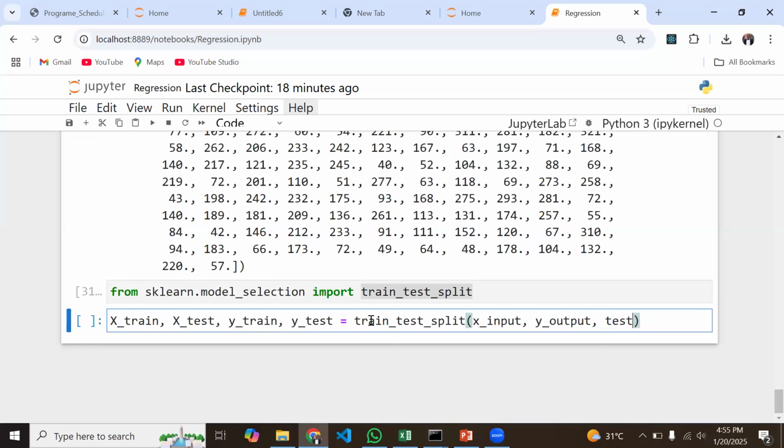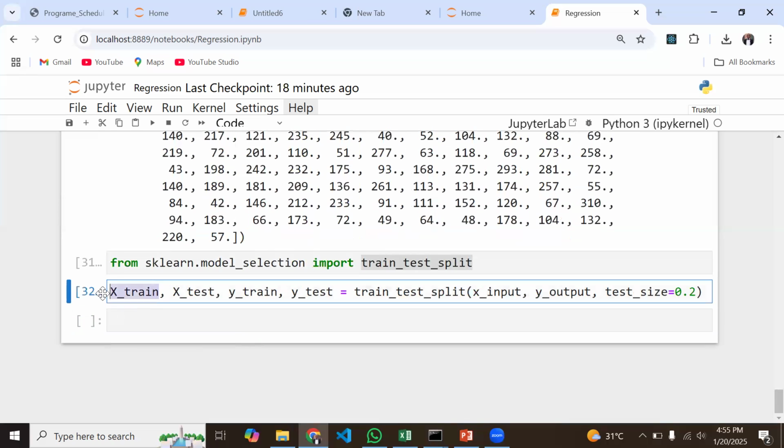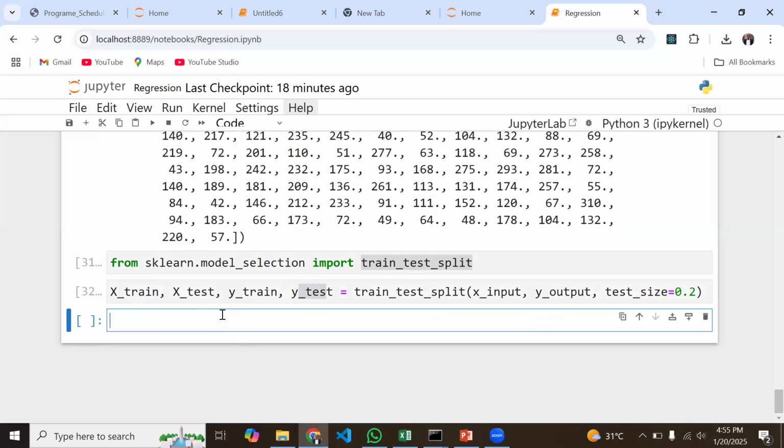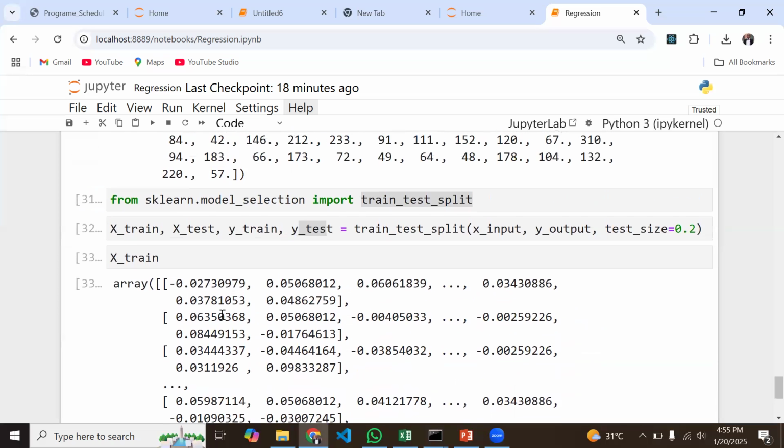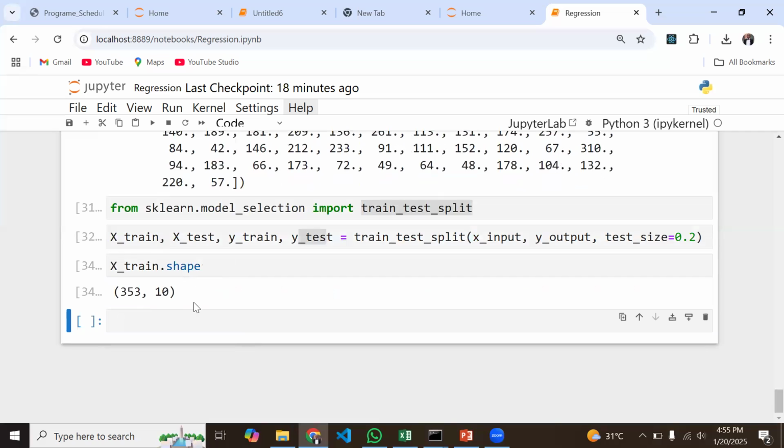And then let's specify a test size of 0.2. So now everything looks good. We can now use this for the training and then use the testing part for the testing. We don't have to, but for the purposes of this, we can just do a preview of this, and if I do the dot shape, we see exactly what we have over here.